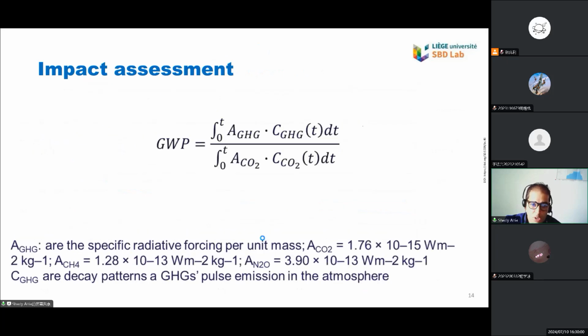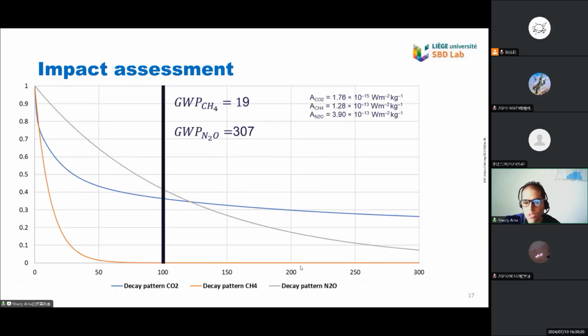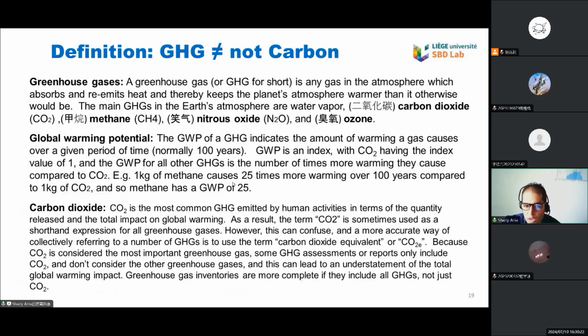So if I remember, I was showing you here that methane is 25 times more warming than CO2. So it's very dangerous, and the most dangerous is the nitrous oxide. So if we burn a fuel, we always need to understand what the associated gases and emissions released are, to make sure that we can better quantify them in kilograms of CO2 equivalent.